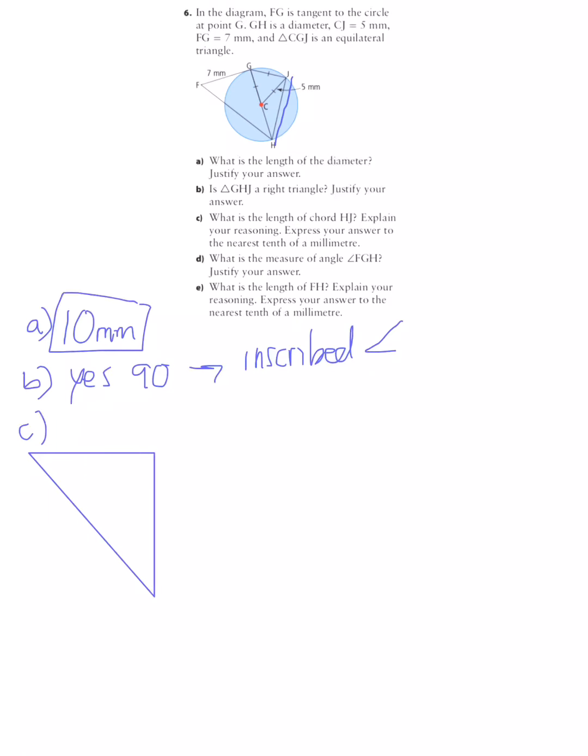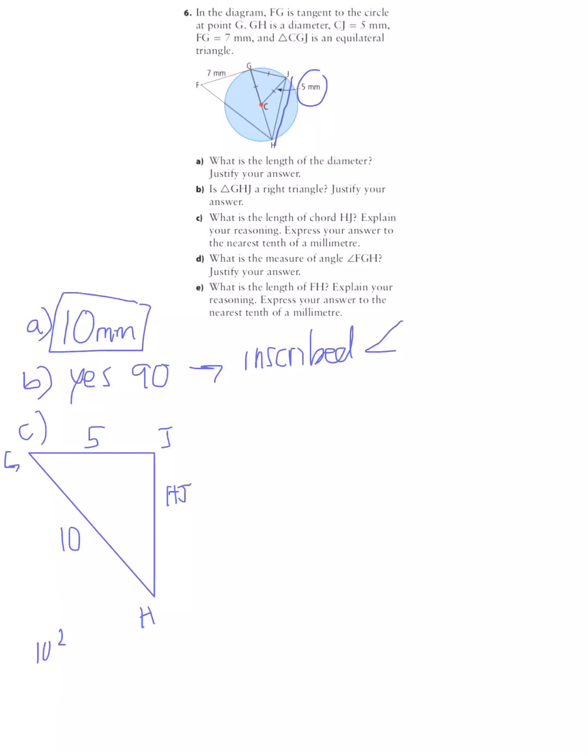Okay, so this is G, J, H. GH is the diameter, which is 10. GJ is the same as 5, right? Because it's equilateral. And so we're trying to find HJ.